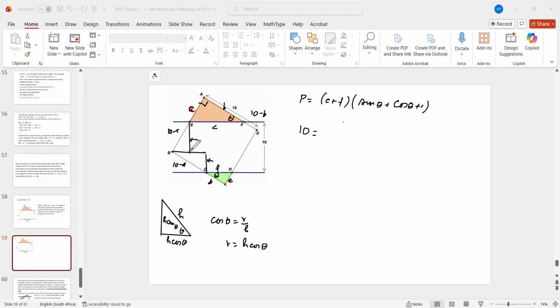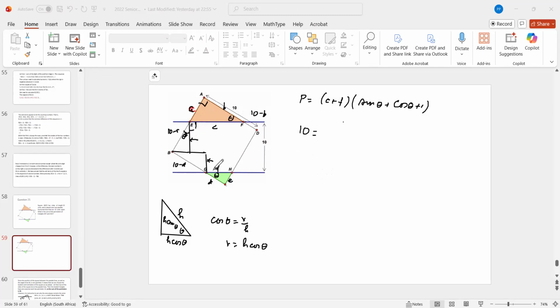Now this part here, let's see, there's a theta here somewhere. This is 90 degrees. And this one here is 90 minus theta. So when you add these two, this plus that is the same as this plus this, which is 90. So this has to be theta.